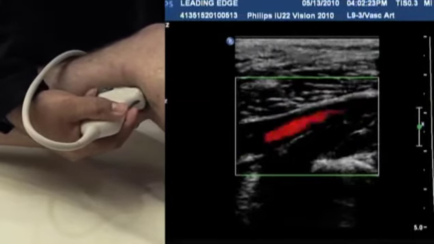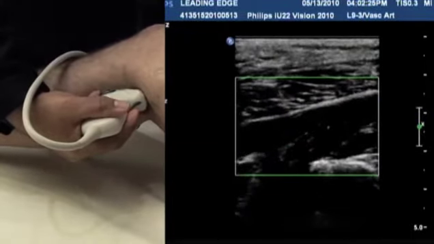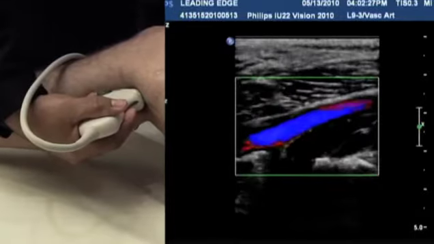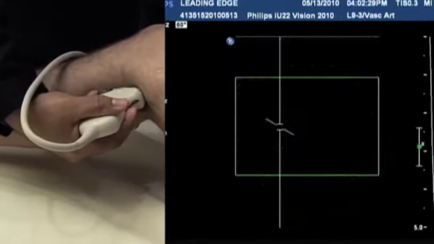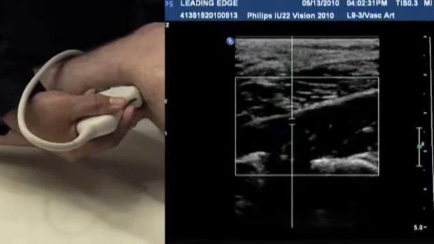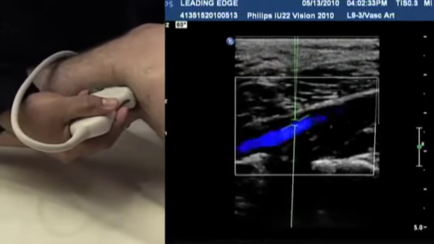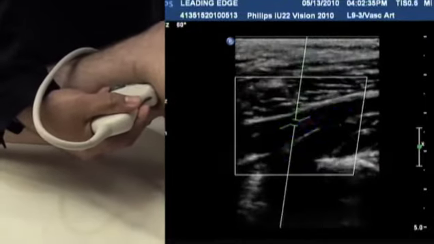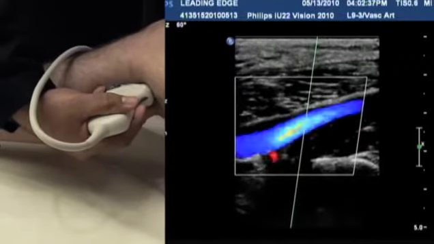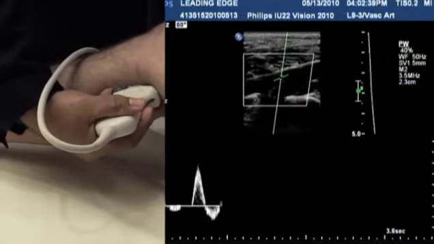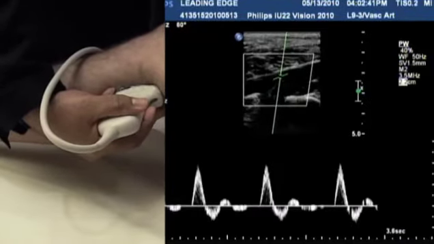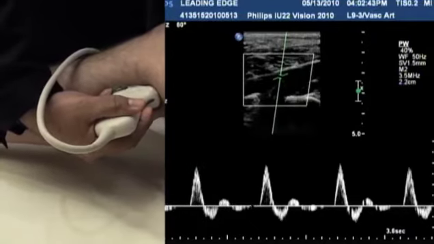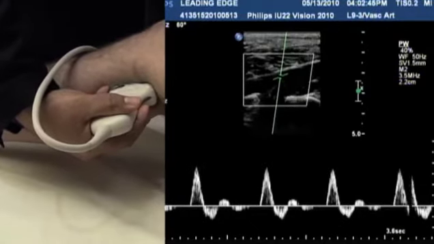And we will invert. And let's listen to this. Again, a good normal waveform at that level, which is what we would expect in him.